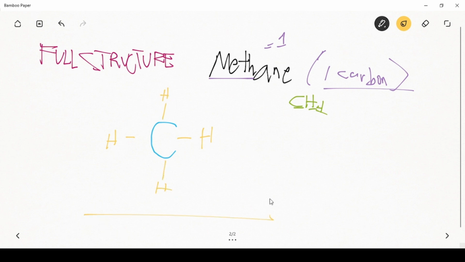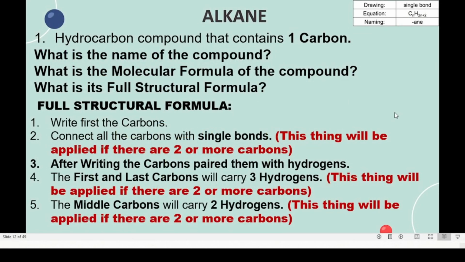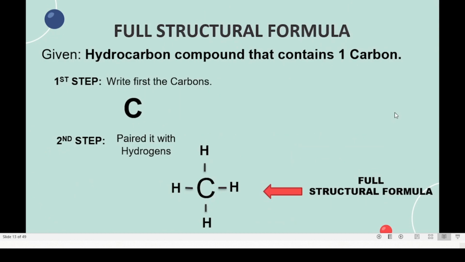So this is the full structure of methane. Okay, got it? Okay, good. So this is how you're going to get the full structure. And I hope I discussed it well so that it clears up the confusion.